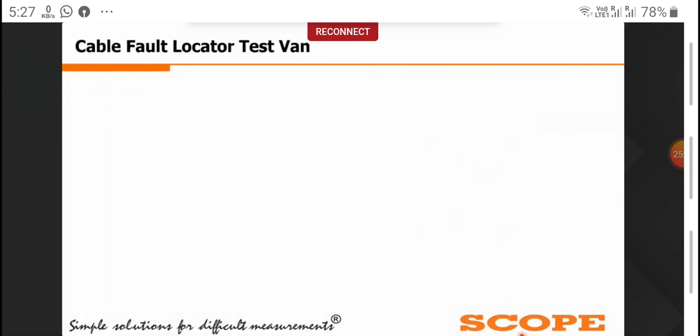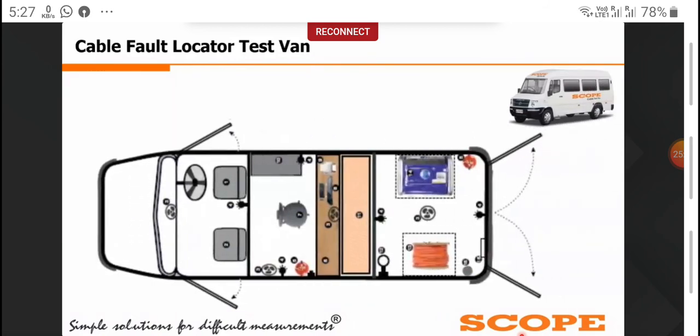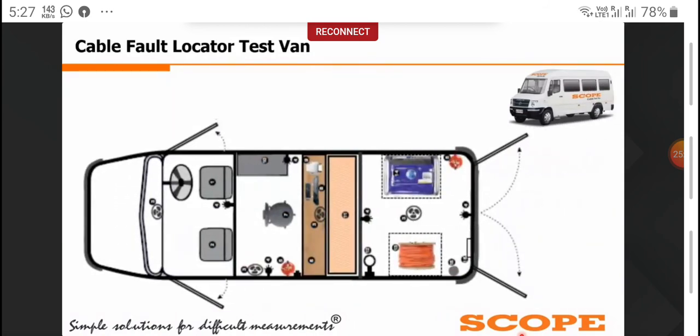Okay, also the scope includes the cable fault locator van system, in which you can see there is a DG set, cable drums up to 50 meters, and this type of instruments are operated through a manual control panel, and also there are various protections, and this van is equipped with various safety aspects.